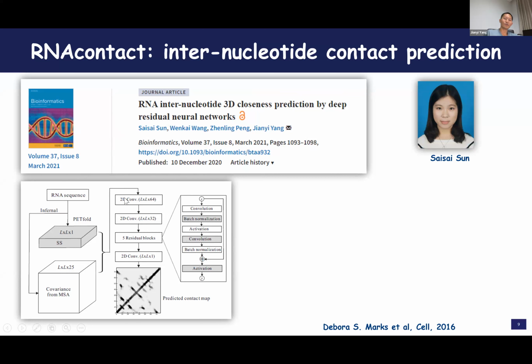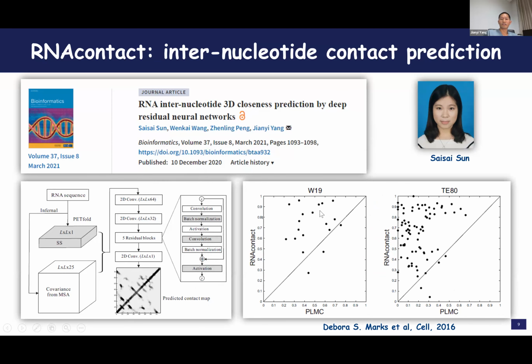You can see this network is very simple. It's just a very shallow ResNet block to predict this image, a 2D internucleotide contact map. In our test, we have two different datasets compared with this work published in Cell.